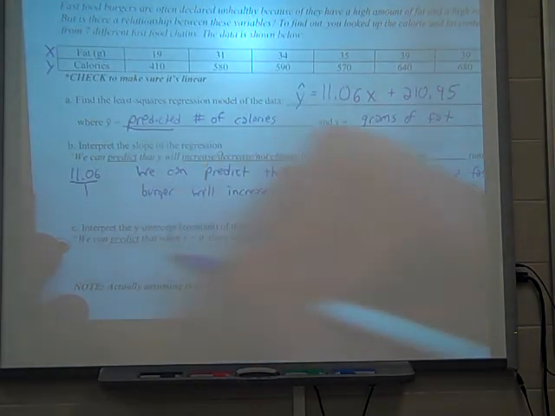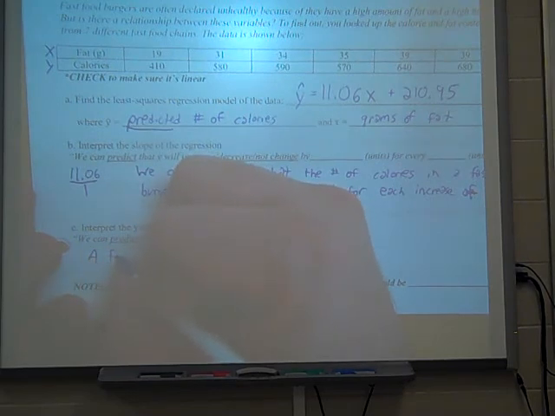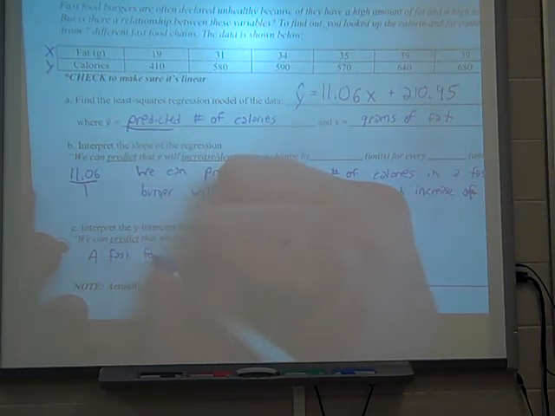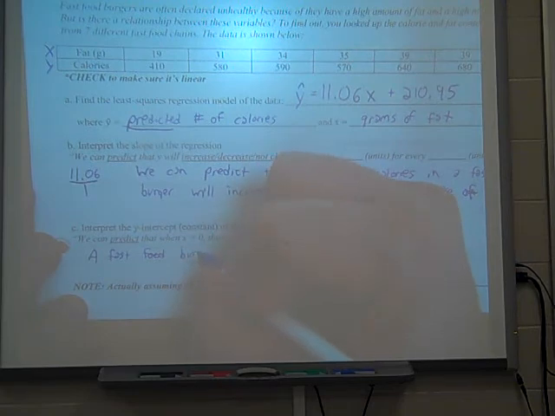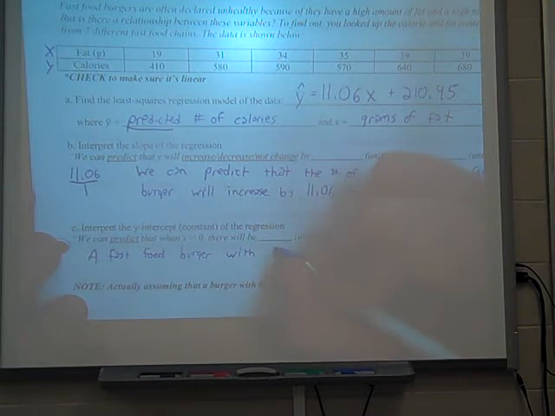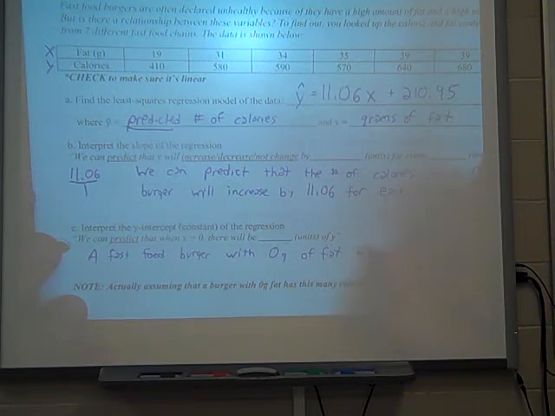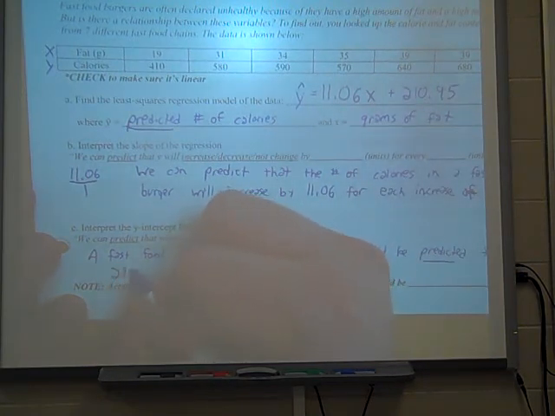So a fast food burger with 0 grams of fat, ew, would be predicted to have, so our y-intercept's 210.95, so 210.95 calories.